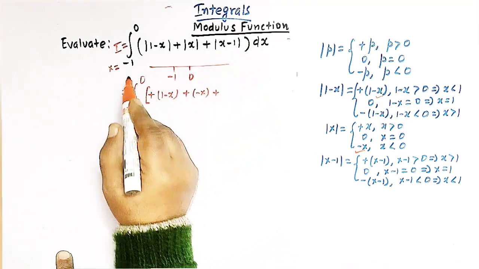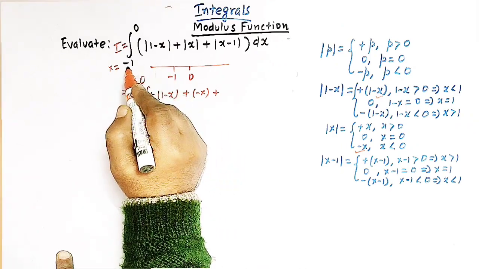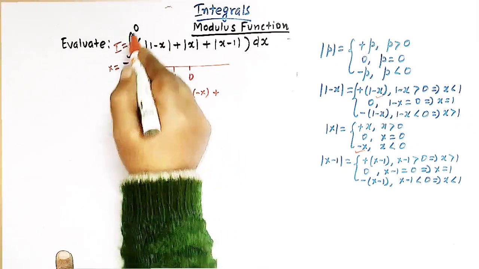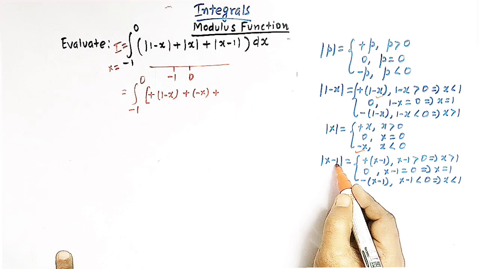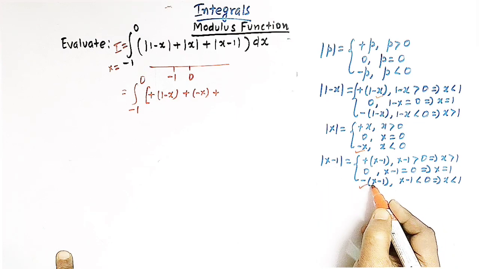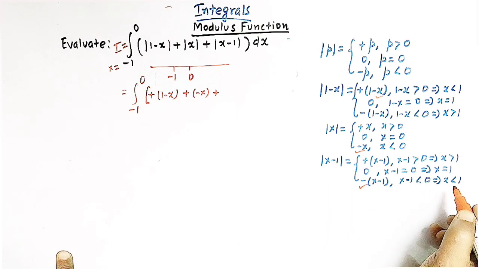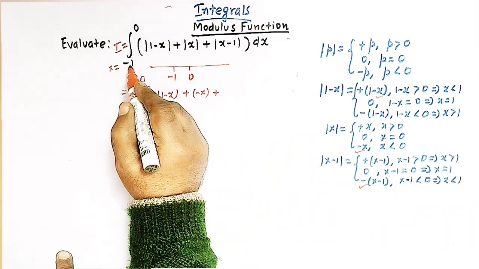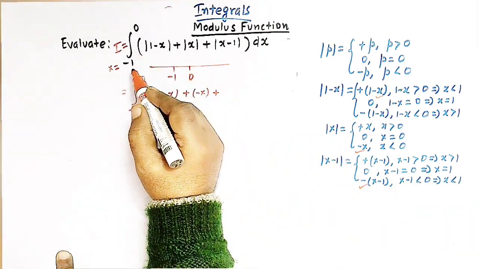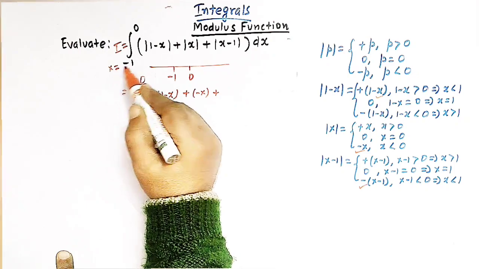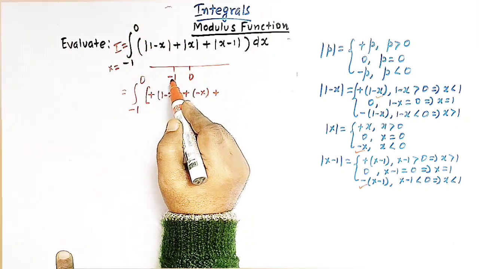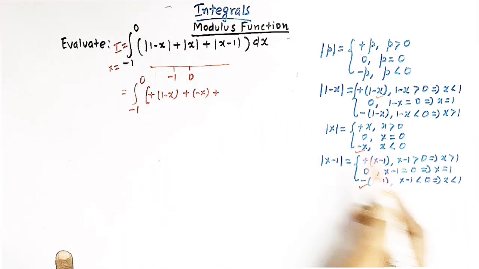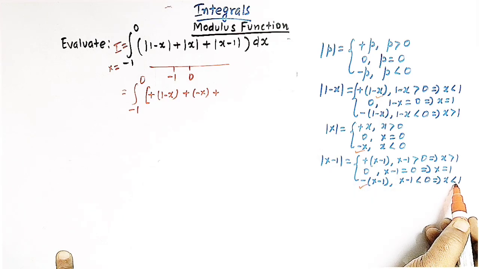Now see here again, x lies in the interval minus 1 to 0, and mod of x minus 1 is negative of x minus 1 for all x which are less than 1. Since all the values of x lie between minus 1 and 0, obviously all the x are less than 1.